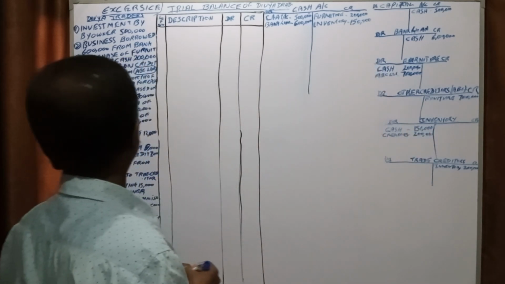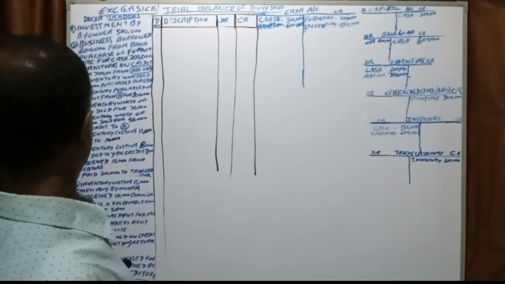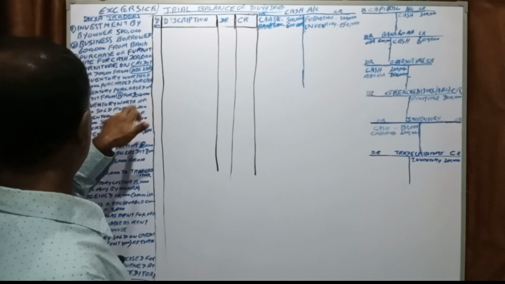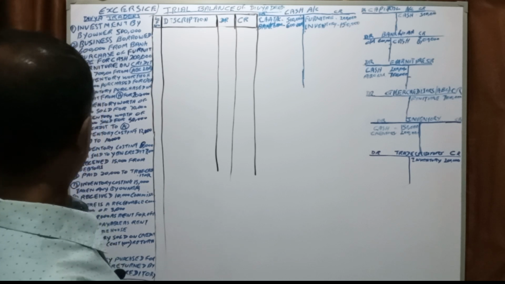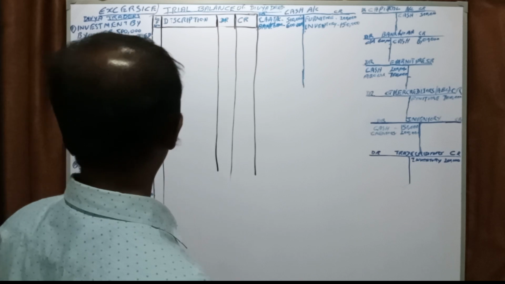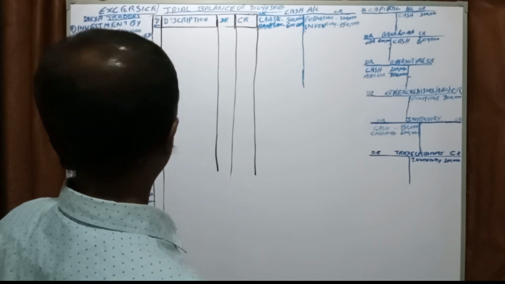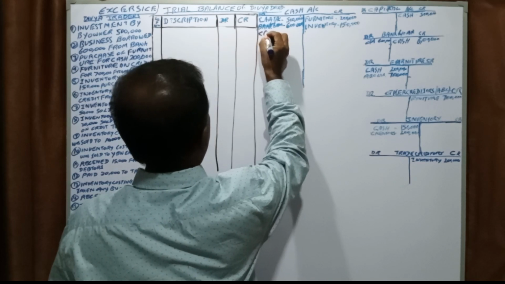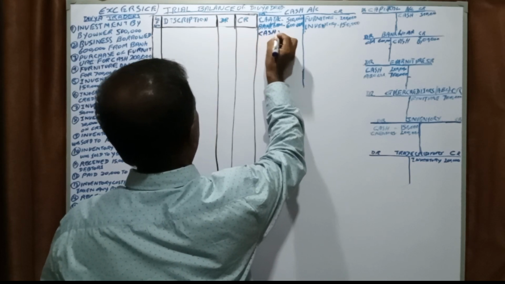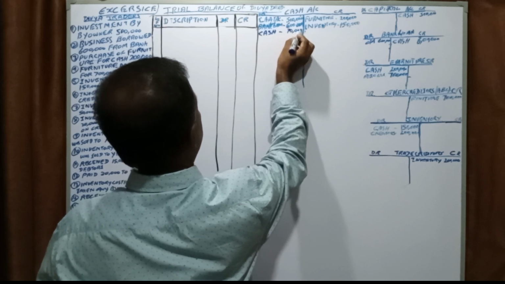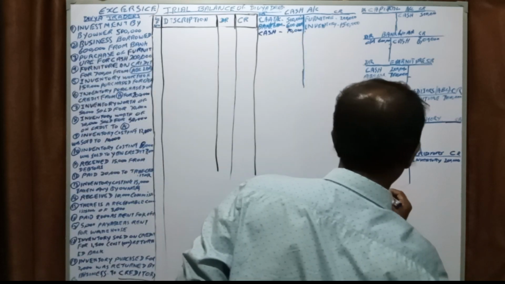Okay, now we will move to adjustment number 7. Inventory worth of 50,000 sold for 70,000. Inventory worth of 50,000 sold for, then cash is coming in, cash 70,000, and open a sales account.